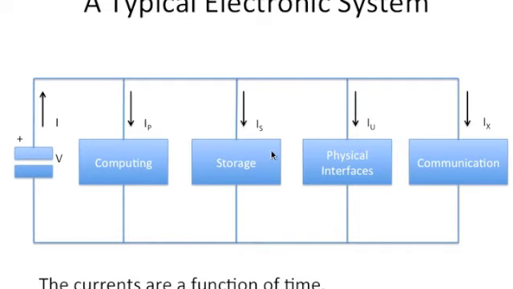Then you have storage, which consists of memories, both on chip and off chip. Off chip memories would be non-volatile memories, like your USB stick, SD cards, hard disks. You have physical interfaces in your system: keyboards, displays, other sensors, and so on.